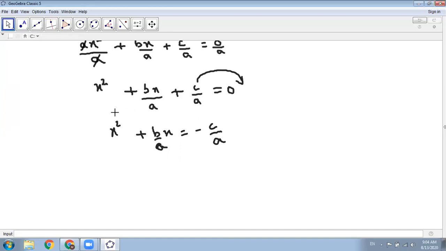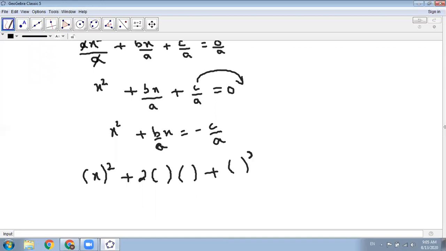Now, we make this side of the terms a complete square. I hope you remember (a plus b) whole square equals to a square plus 2ab plus b square. So we use this formula to make this term a complete square. So a square, we use this, then plus 2ab plus b square equals to minus c upon a.